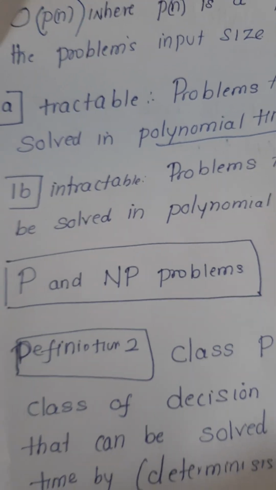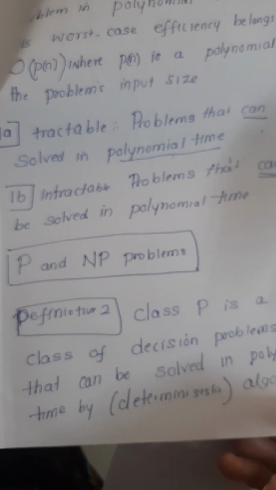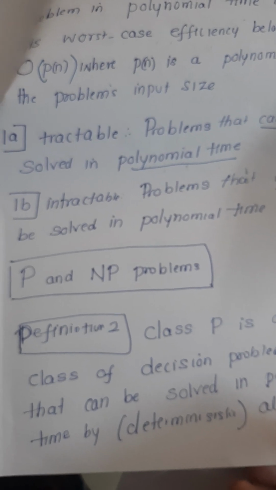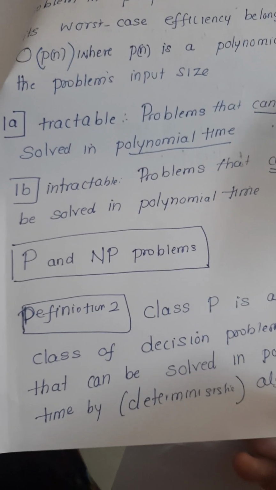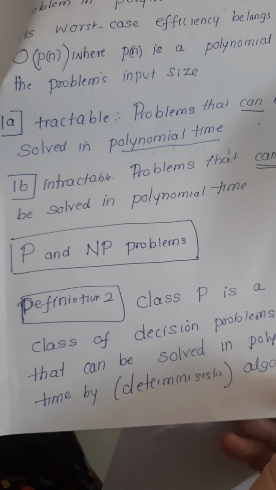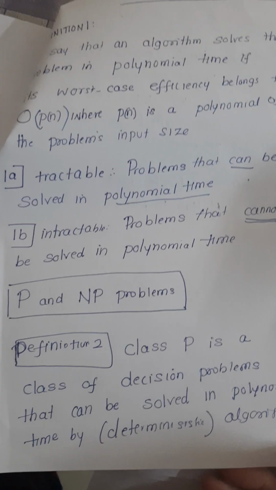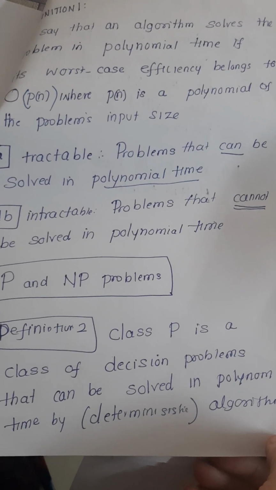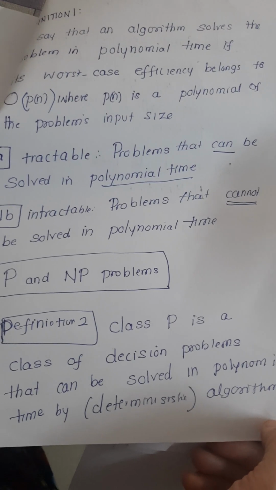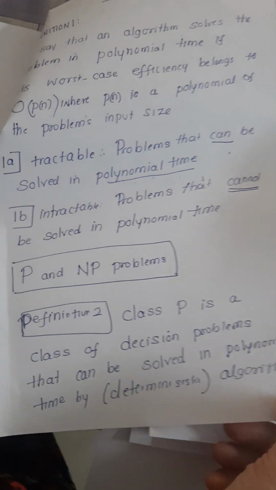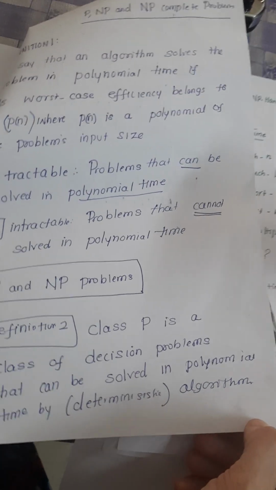We will once again summarize. We have come across what a polynomial time algorithm is, what a tractable problem is, problems that can be solved in polynomial time, and intractable problems, which cannot be solved in polynomial time. We have two broad categories, P and NP problems. Class P is a class of decision problems that can be solved in polynomial time by a deterministic algorithm.